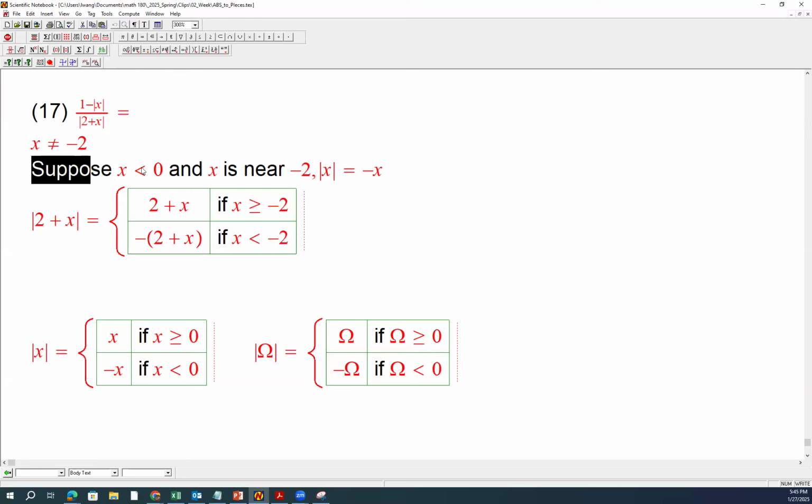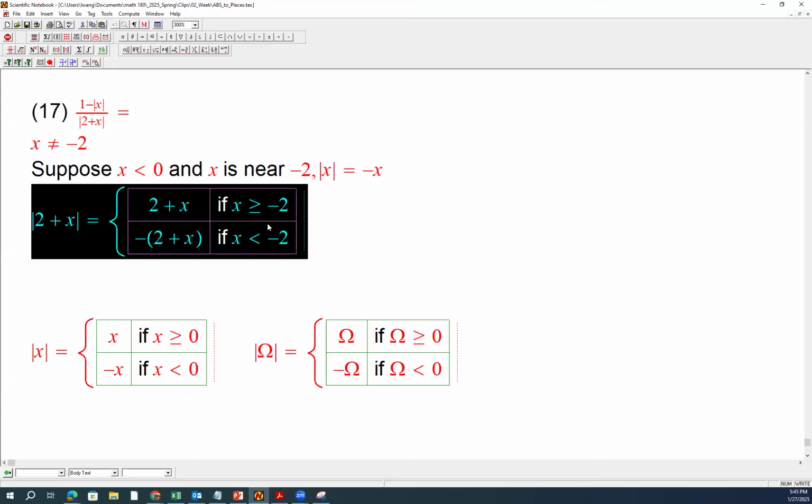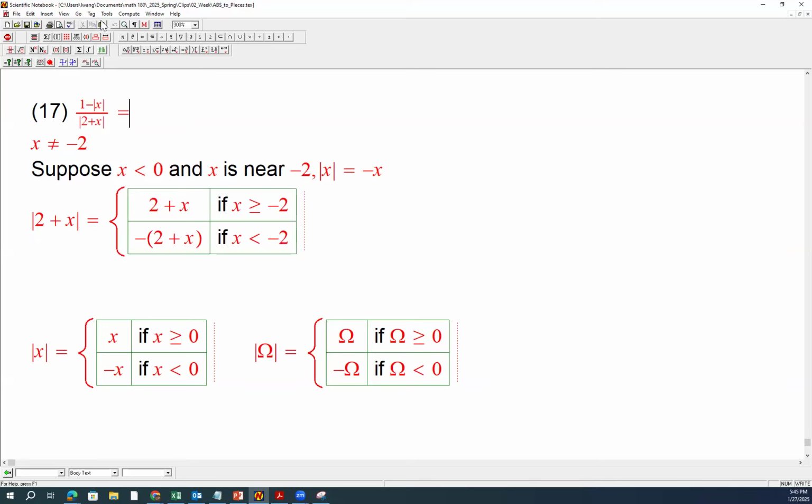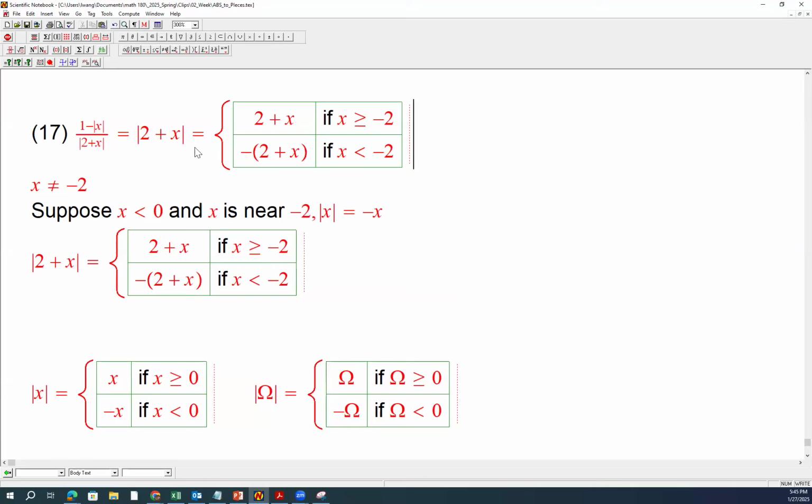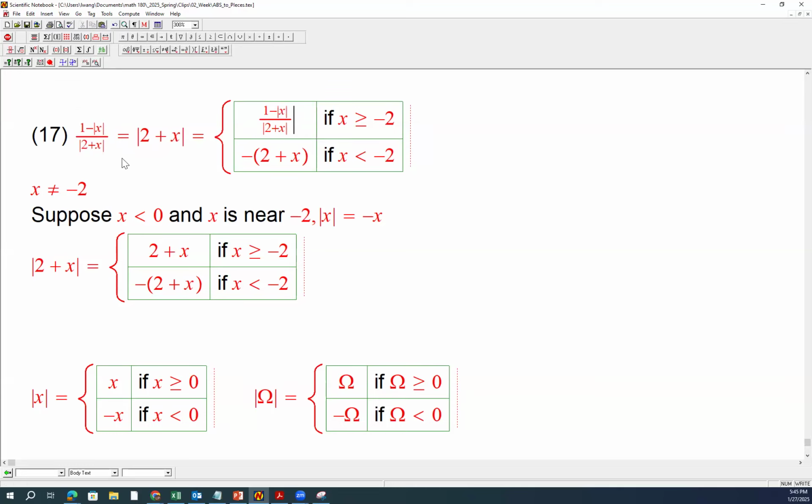So let's finish the question. Under the circumstance, we suppose x is negative, and then we're going to have these two pieces. I need to put this one over here, this one over here.